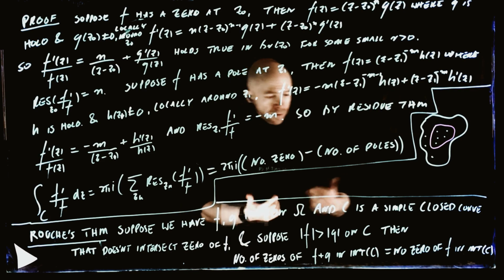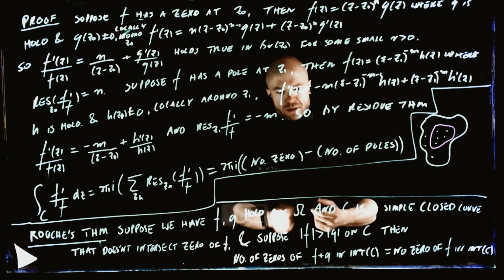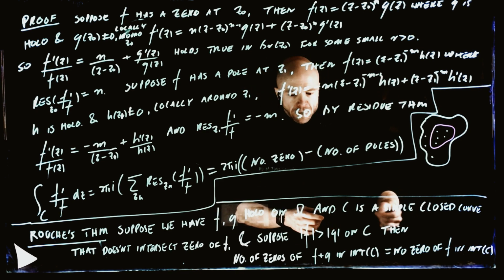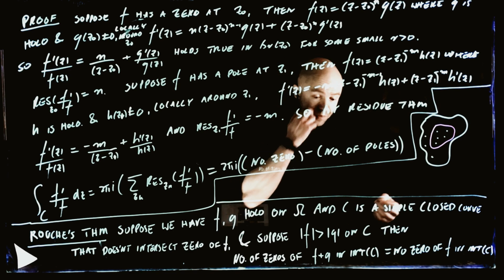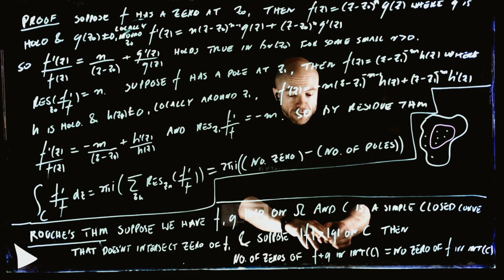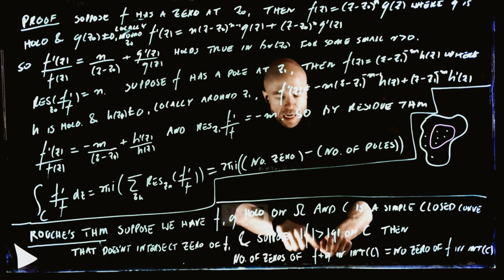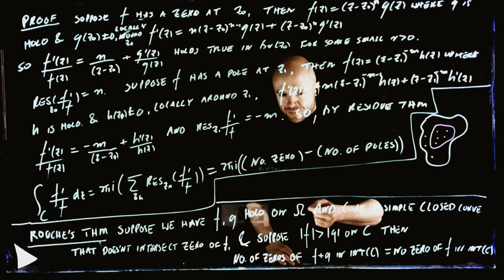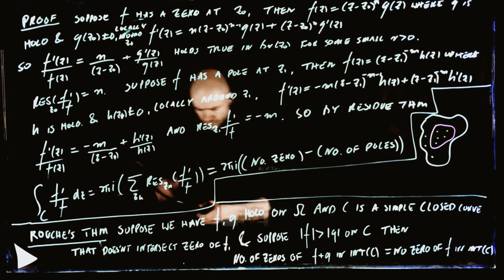And we're going to consider this thing, F plus G. The way to think of this is a kind of perturbation of F. But it's a perturbation such that the absolute value of G is always less than the absolute value of F. Then the claim is that if we change F by adding G, it's not going to change the number of zeros. That's the claim.